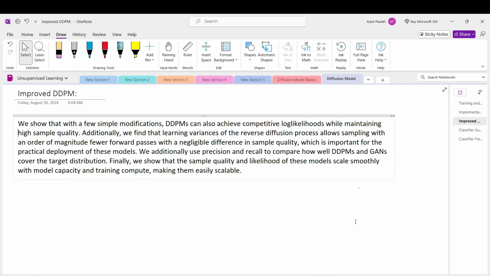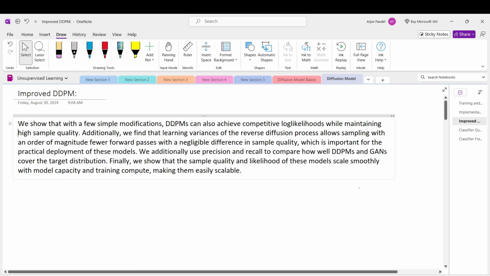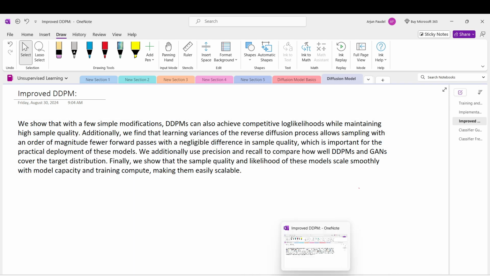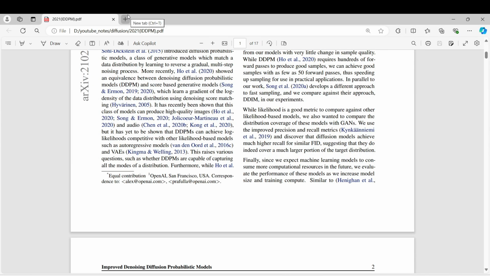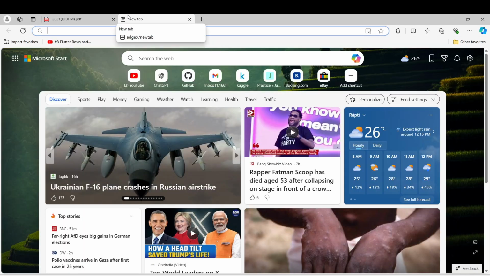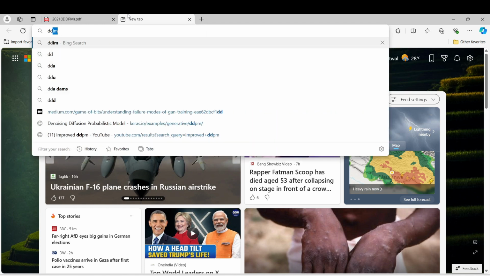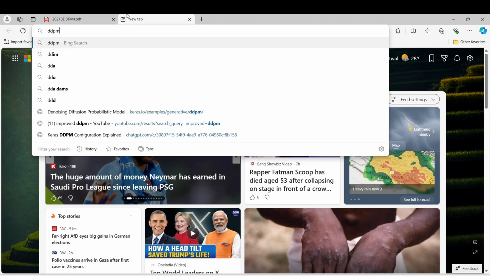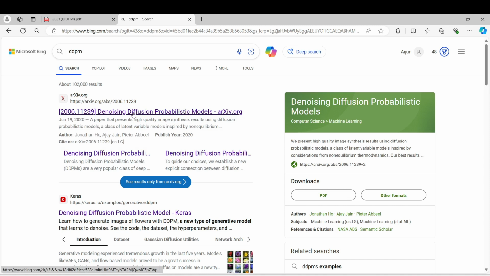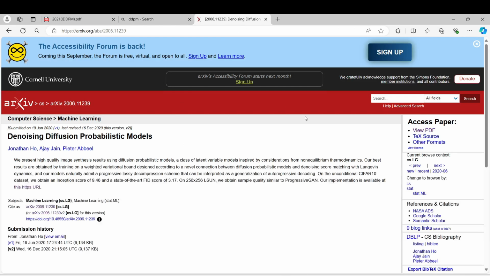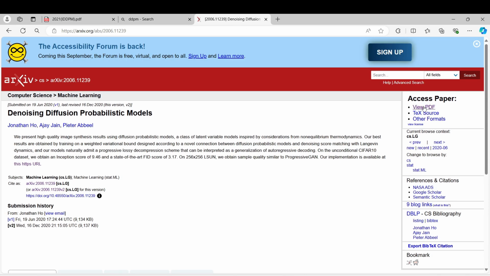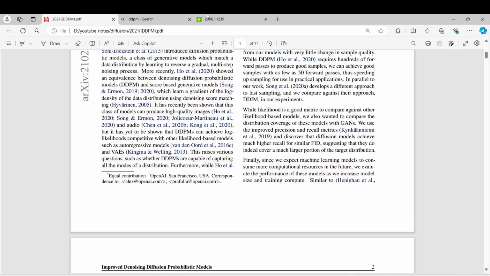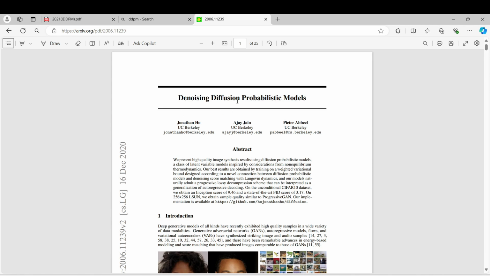So in the original DDPM paper, which is the first paper on denoising diffusion models, other work was then built on top of it.